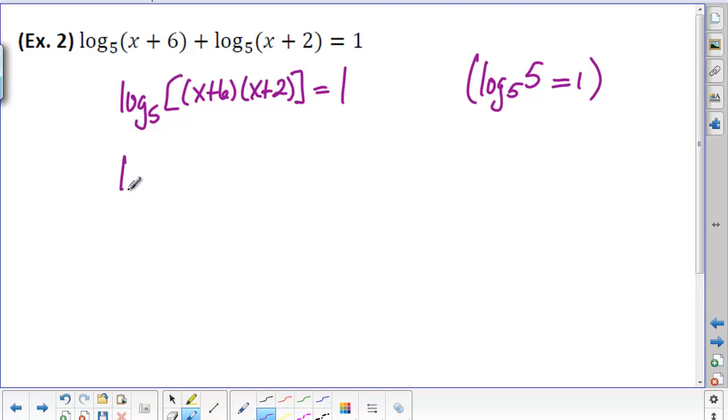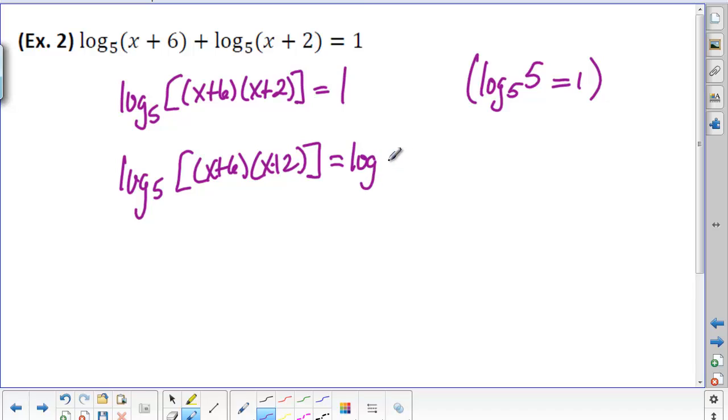So we could say log base 5 of this is equal to log base 5 of 5, and then drop the log base 5 notation, just like we did in that last question.